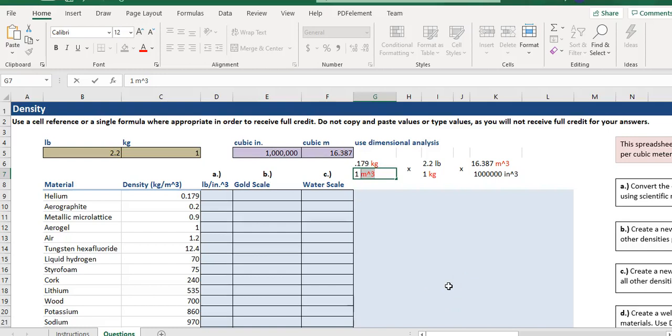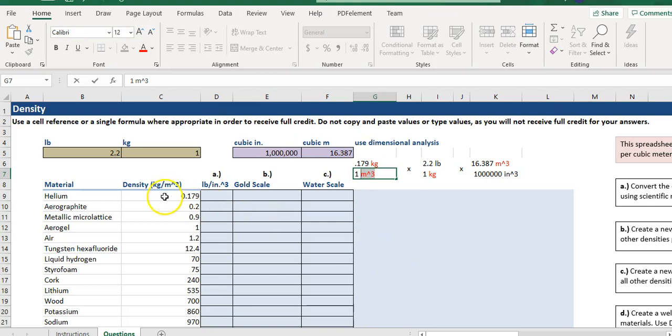All right, so we're looking at the Chapter 3 Density Excel, and what we're trying to do is convert these materials from the density that's given to us into a new density.